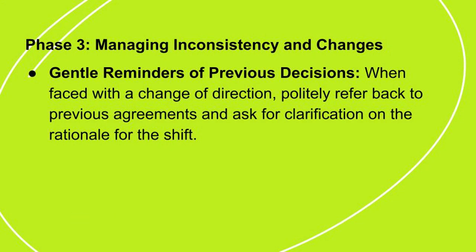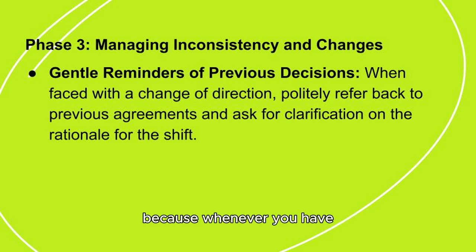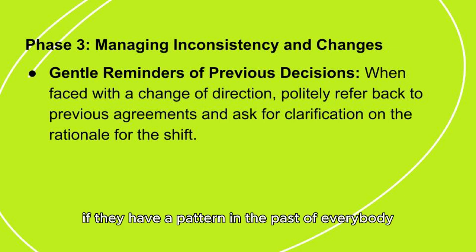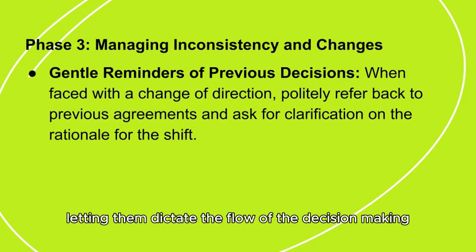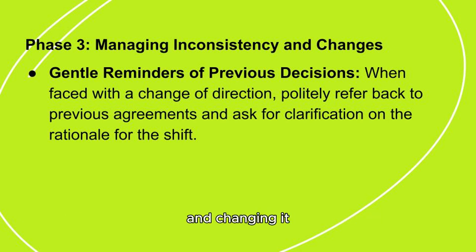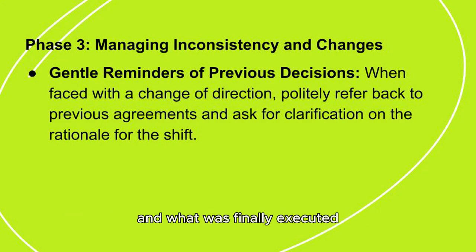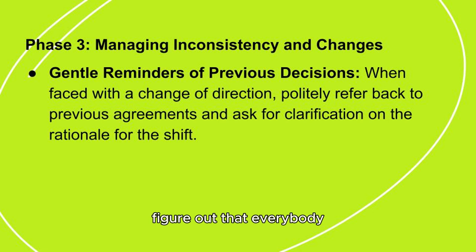And the reason you might want to do that is because whenever you are dealing with very indecisive stakeholders, if they have a pattern in the past of everybody who works with them letting them dictate the flow of decision making, and changing it, and having inconsistency between what was agreed upon and what was finally executed, then I feel sometimes they have been trained to figure out that everybody will cater to the indecisiveness.